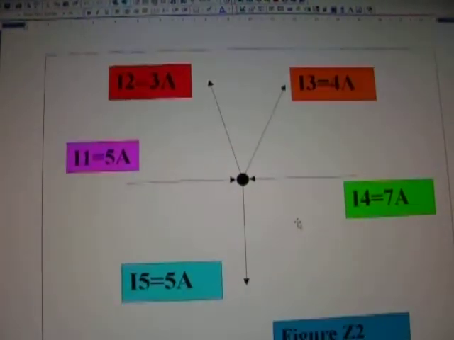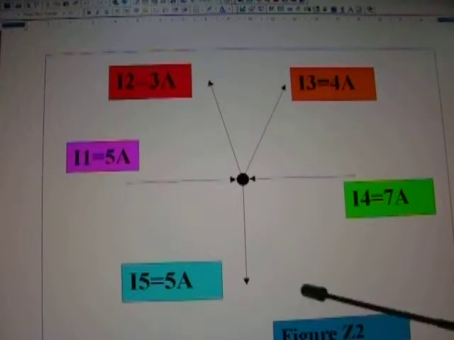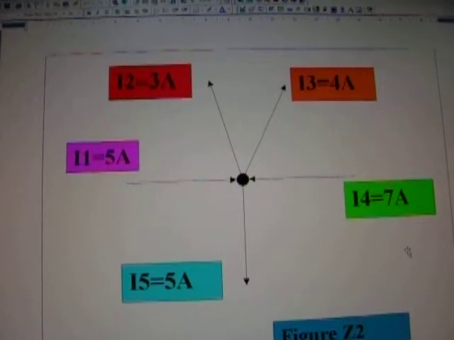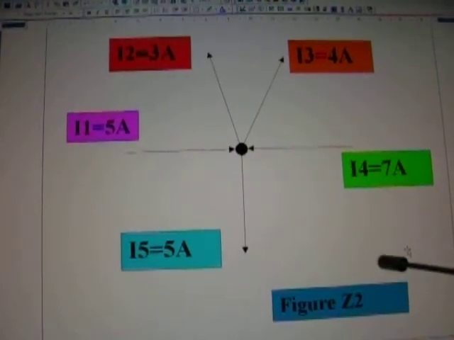Here is a diagram in which we have now put in the currents flowing respectively into and out of a given junction, and we're going to call this figure Z2.